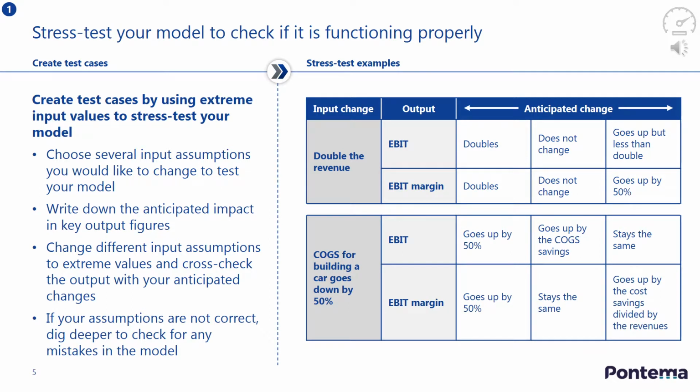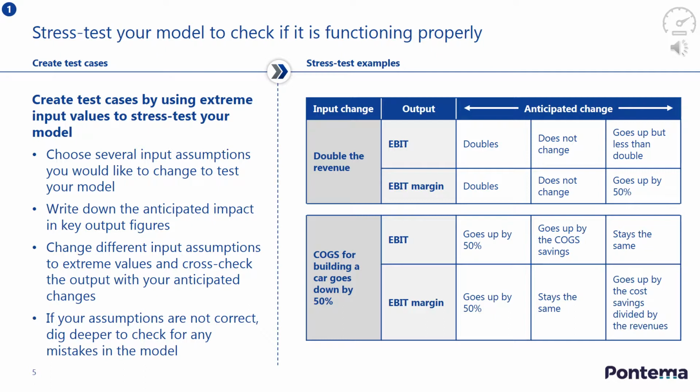The first step in finalizing your business case is to stress test your model to check if it is functioning properly. You can do this by creating test cases by using extreme input values that stress test your model. After choosing several input assumptions you would like to change to test your model, write down the anticipated impact in key output figures.